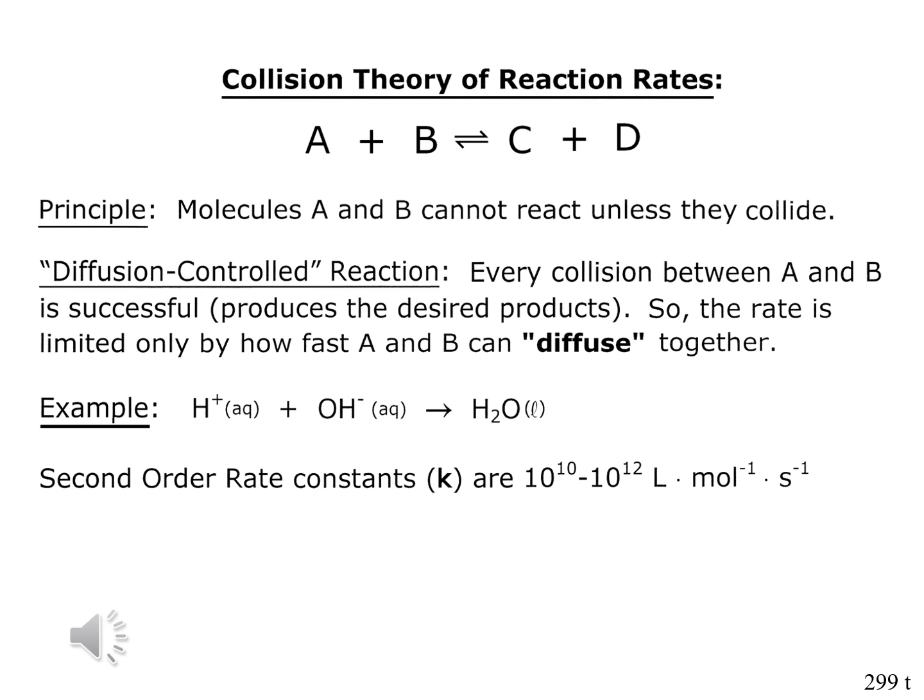And the rate constants for these reactions are very high. You can tell that you have one of these reactions if the K value is around 10 to the 10th. There's very few of these reactions in practice, but people believe that neutralization is one of them. There's no way for H plus to run into OH without making the product water.